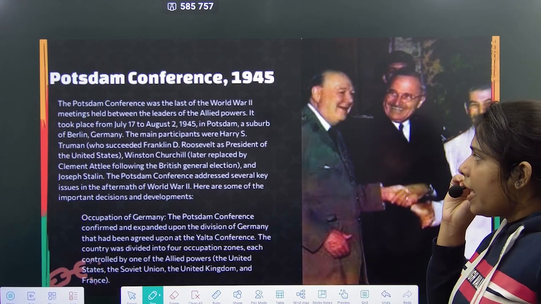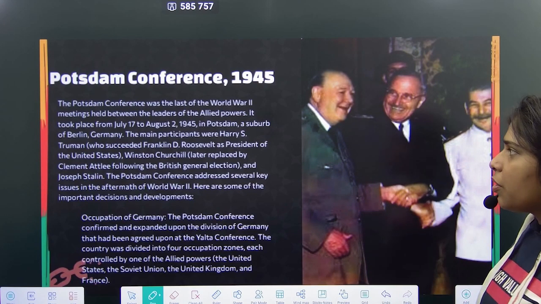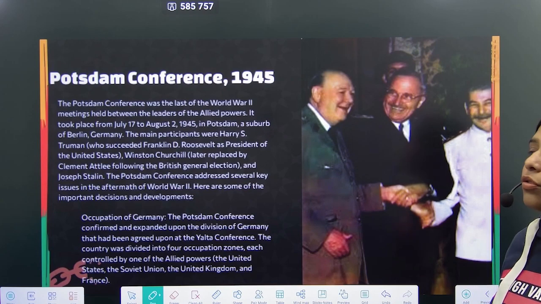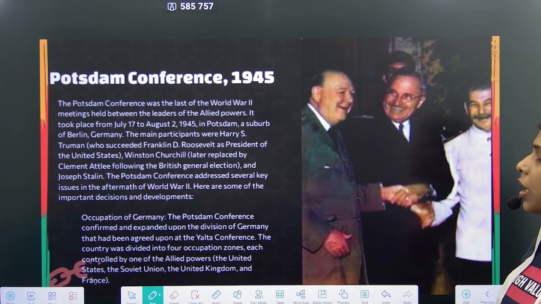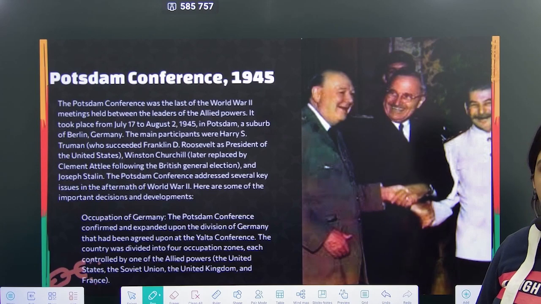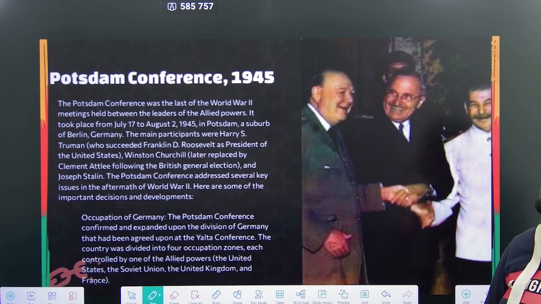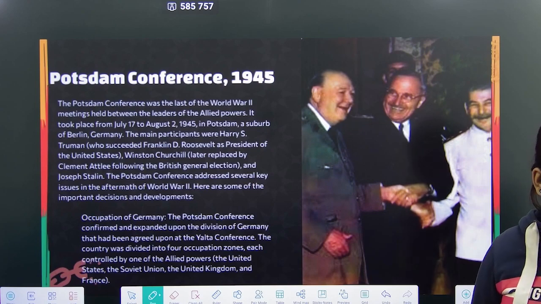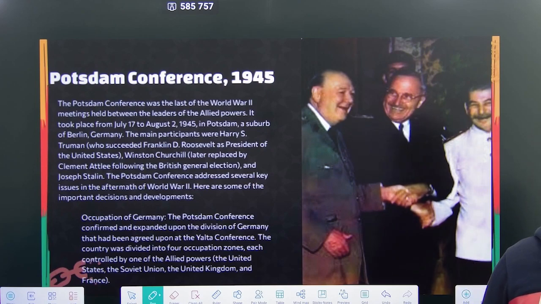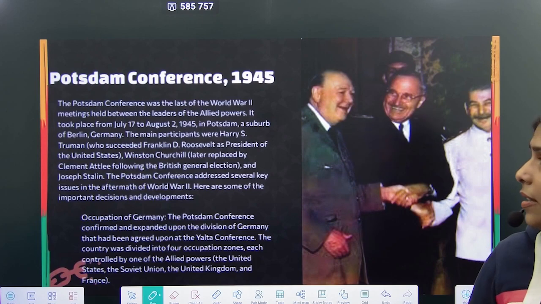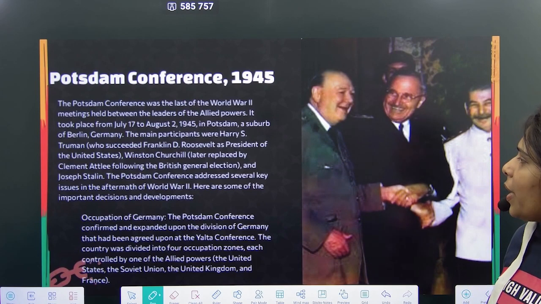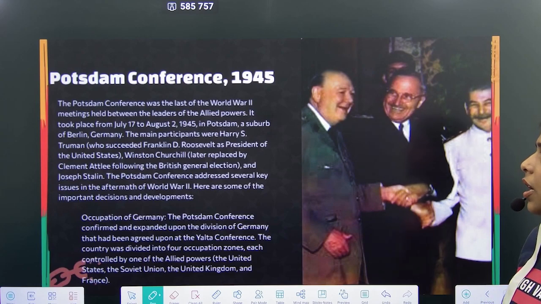The participants over here were Harry S. Truman, who succeeded Franklin D. Roosevelt as president of the United States; Winston Churchill, who later on was replaced by Clement Attlee, because Attlee won the general election and became the Prime Minister of the UK; and then we had Joseph Stalin of the USSR.